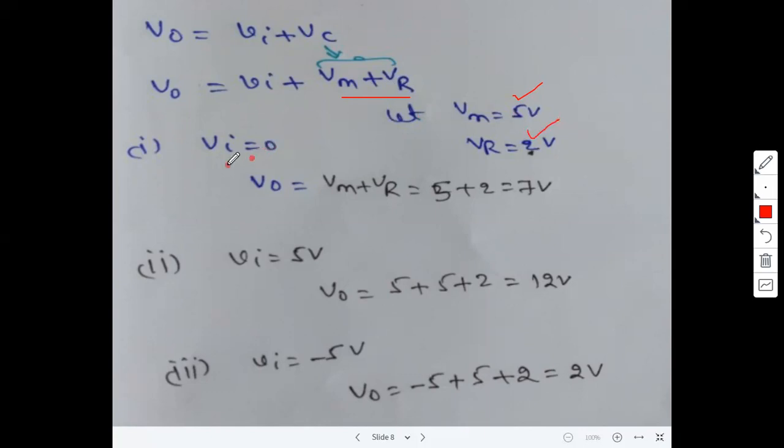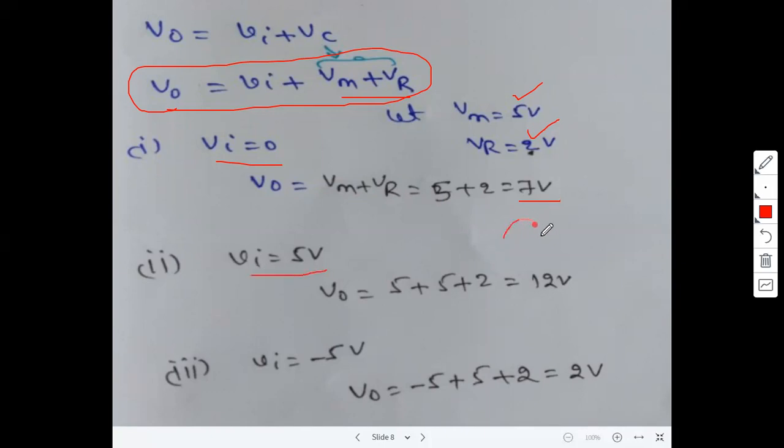Now apply the different cases here. The V naught expression is V naught is equal to Vi plus Vm plus Vr. When Vi is equal to 0, Vm plus Vr is equal to 7 volts. Next, Vi is equal to 5 volts.